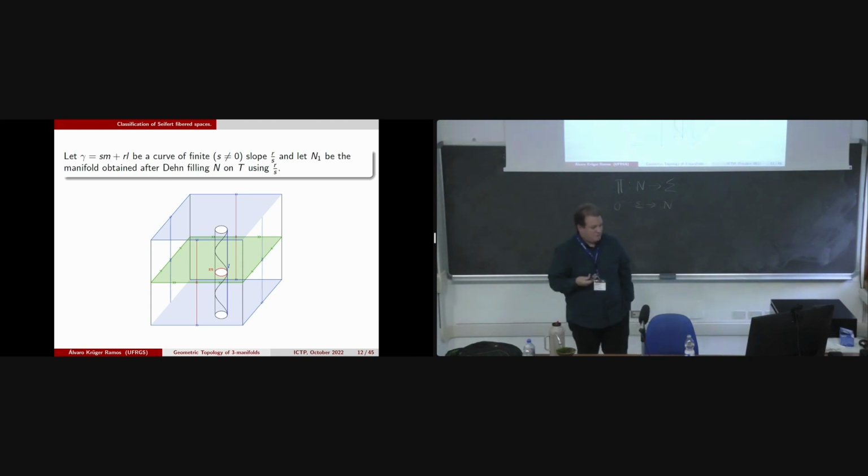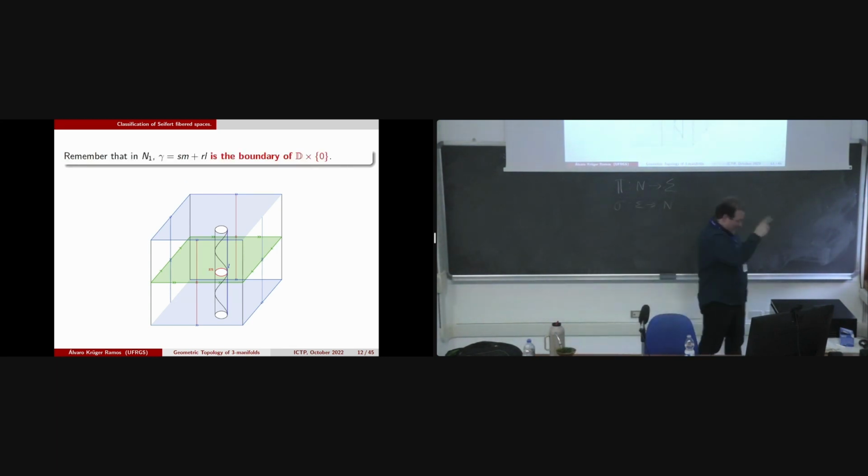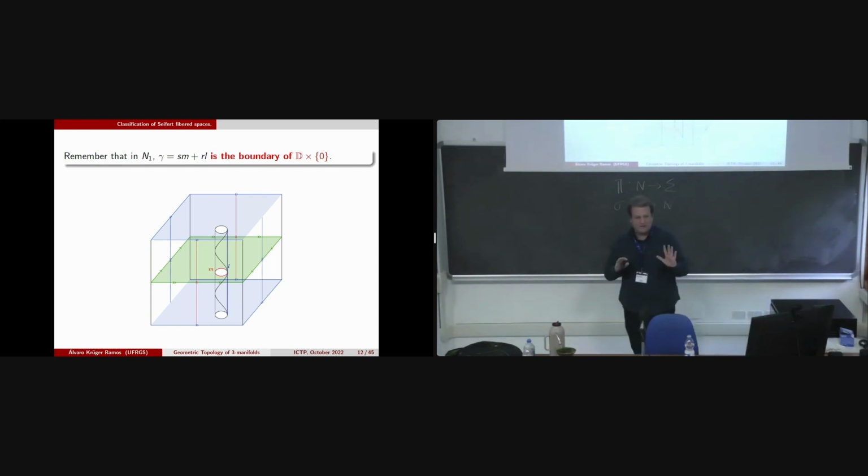Okay, now comes the beautiful part. In this new manifold, think of this torus here as filled with a solid torus, and this black curve somehow is the boundary of a disk.